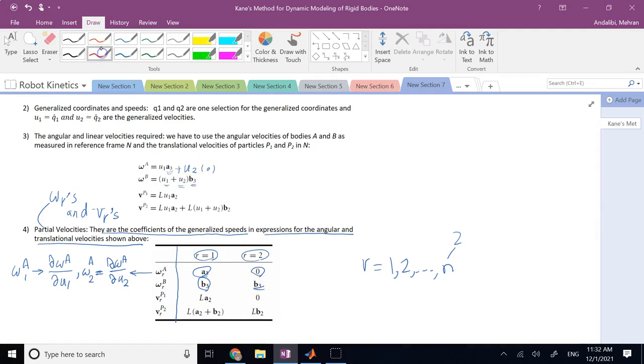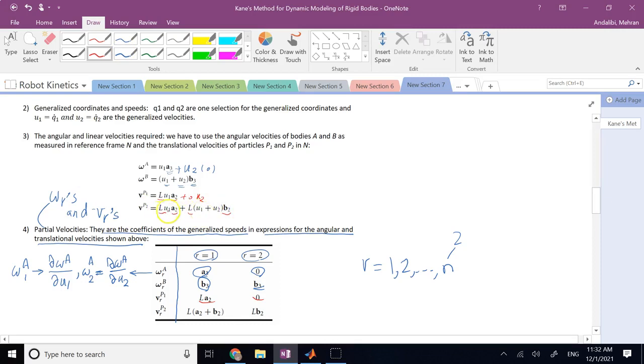When we go to V of P1, what's the coefficient of u1? That's LA2. Do I have any u2 terms? No, so we can write it as 0 times u2, and so that 0 goes here. And finally, what's the coefficient of u1 in VP2? Well, I have one place LA2, the other place I have LB2.